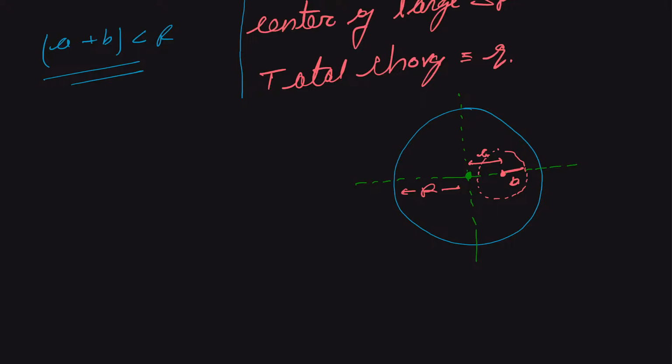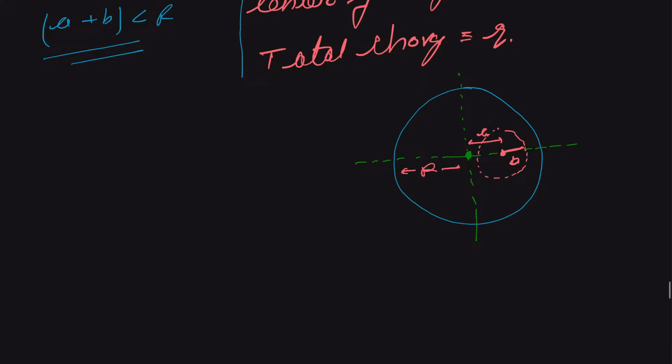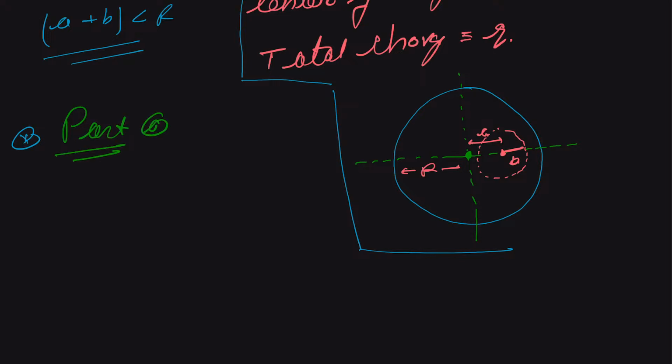And in part A, it is mentioned that the ball is superposed on top of the sphere. So it means the ball is added on top of the sphere, which we can also say means the original sphere charge is still present everywhere.